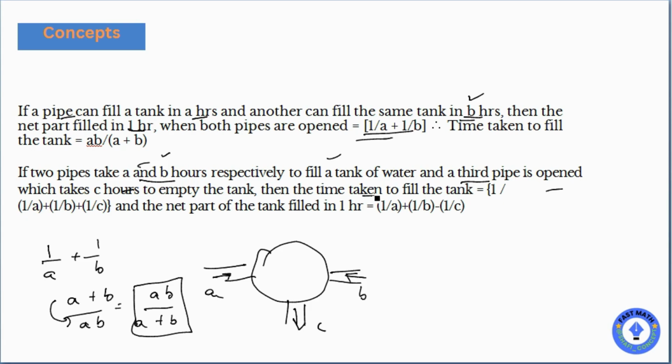Then the net rate will be 1/A plus 1/B minus 1/C, because the C pipe is discharging the tank. That's why it is taken as a negative.